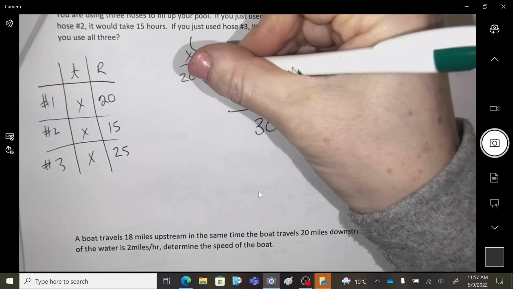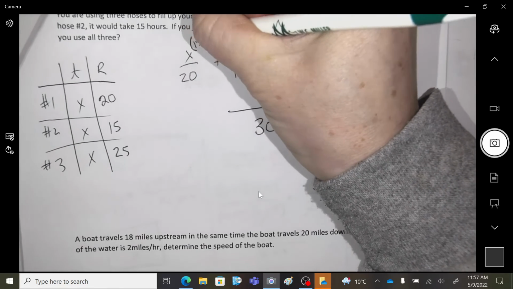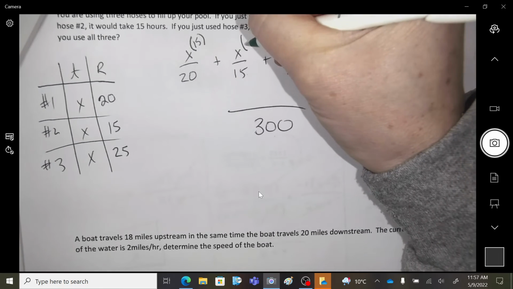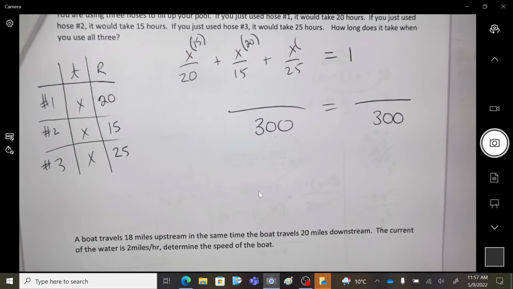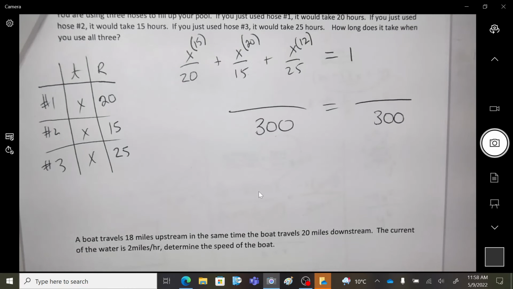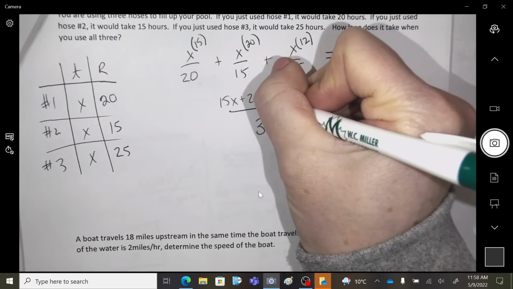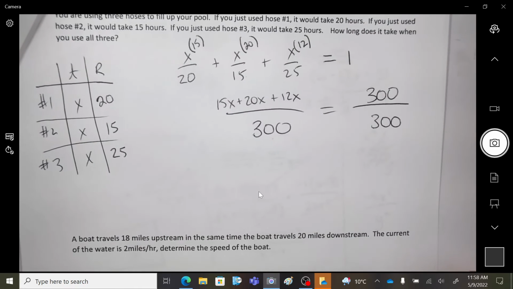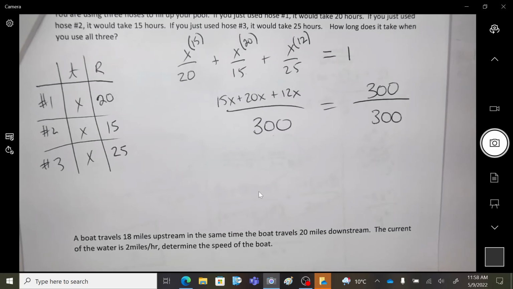Okay, so 20, turning it into a 300, I would have to times by 15. Turning the 15 into the 300, I would have to times by 20. And 300 divided by 25 means I timesed it by a 12. And then we know how to write 1. Just whatever you have, make it the same over the same, right?